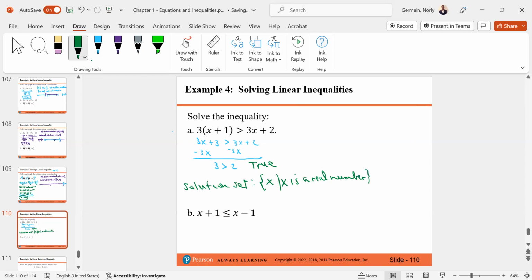Okay, that's one way of writing it. Or you can write S equals the special R like this one. Or again, you can write the solution as negative infinity to infinity. So there are different ways of writing the solution set of an inequality that is always true.